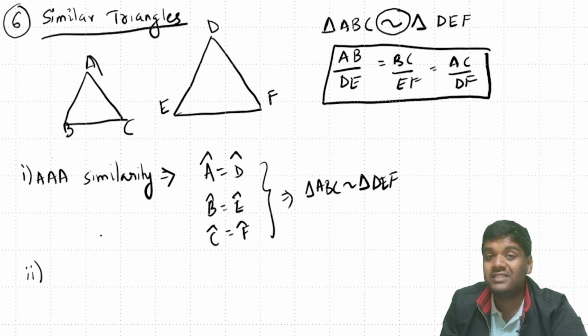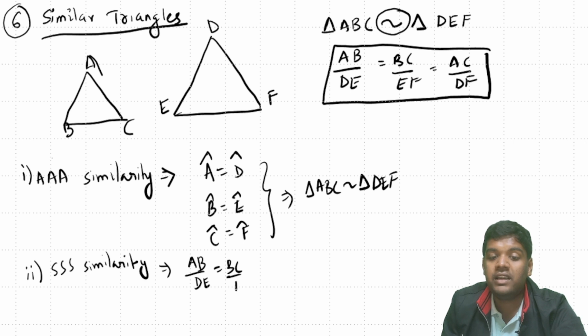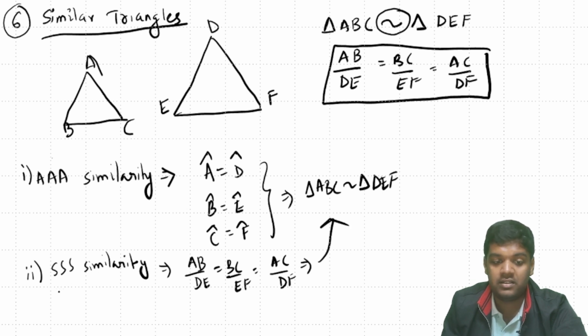Note, this does not necessarily imply that the two triangles will be congruent to each other. Next is side similarity. If AB by DE equals BC by EF equals AC by DF, then triangle ABC and triangle DEF will be similar to each other.